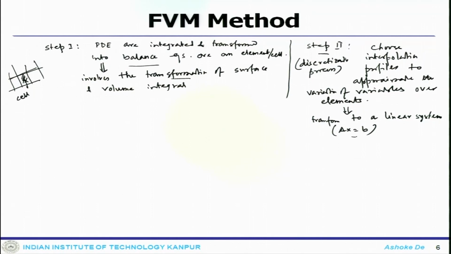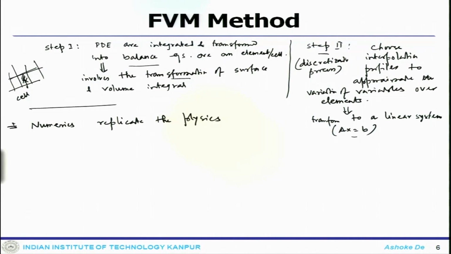One of the very important properties of this process is that once you transform this system, your numerics exactly replicate the physics.